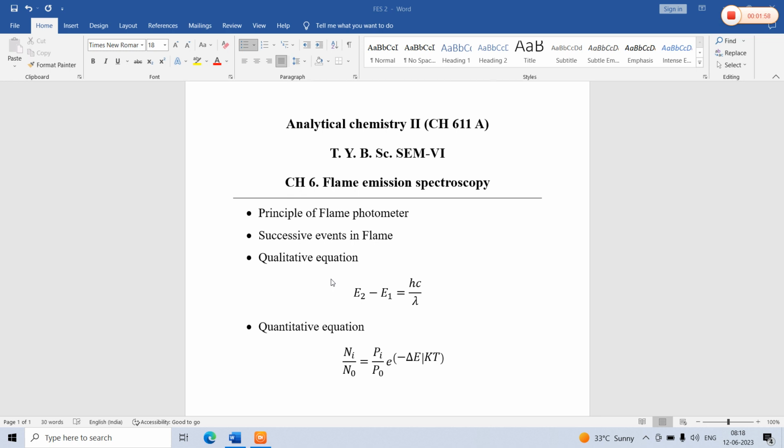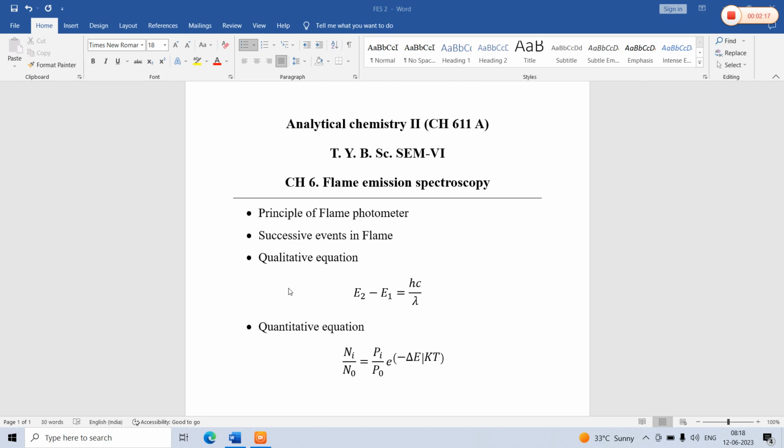When a liquid sample containing a metallic salt solution is introduced into the flame, a sequence of events takes place. The first event is that the solvent is evaporated, leaving behind dry salt.